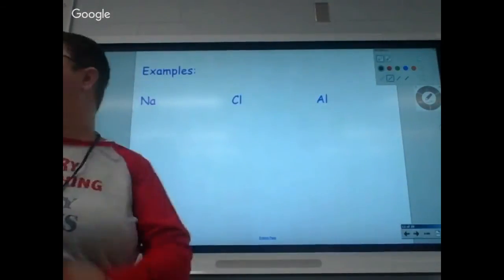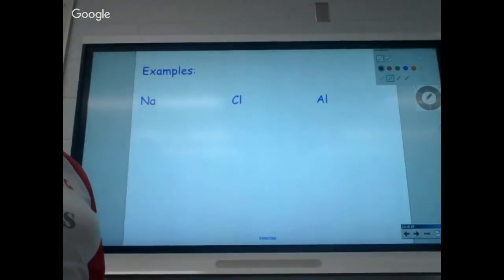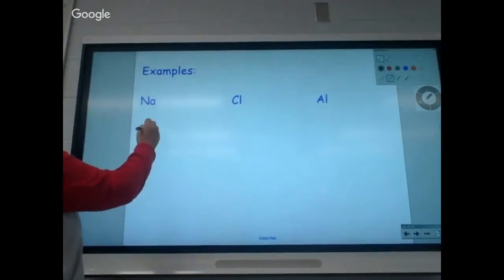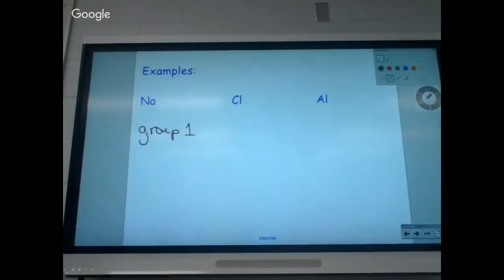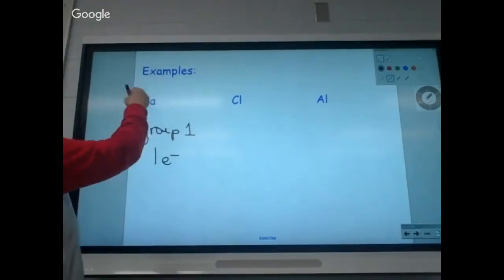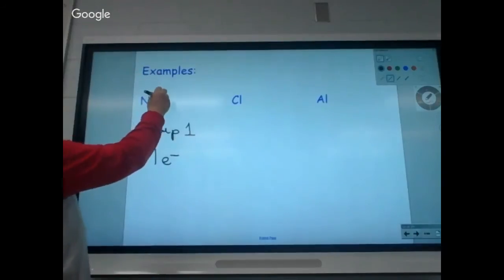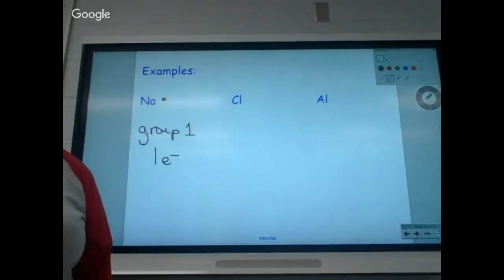Sodium is in what group on the periodic table? Group 1, right? So how many electrons does it have? 1. So we draw how many dots around it? 1. That's easy. You literally just put the symbol and then put the dot.